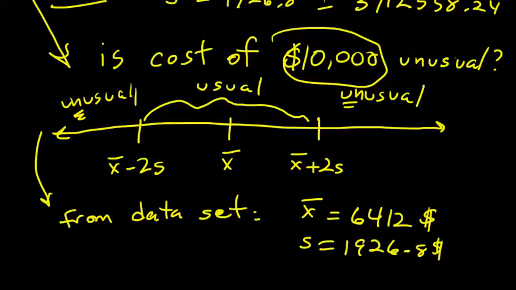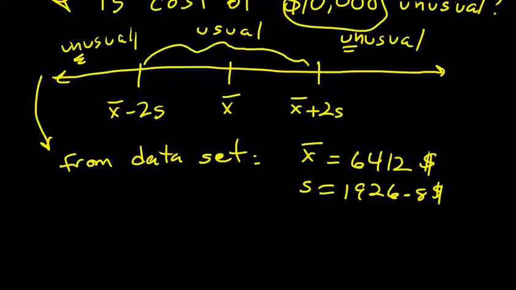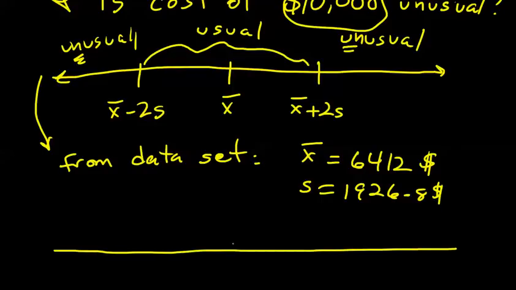So I'll create boundaries according to this scheme I've given above. Give me a minute here, draw it carefully. X bar is 6412.